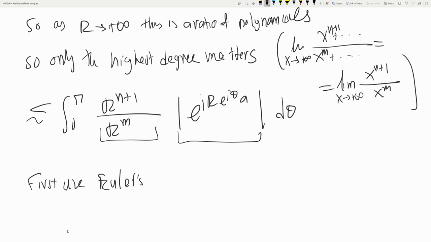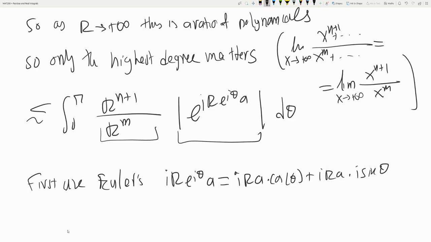On the top, we have i R e to the i theta A, which is equal to i R A cosine theta plus i R A i sine theta.